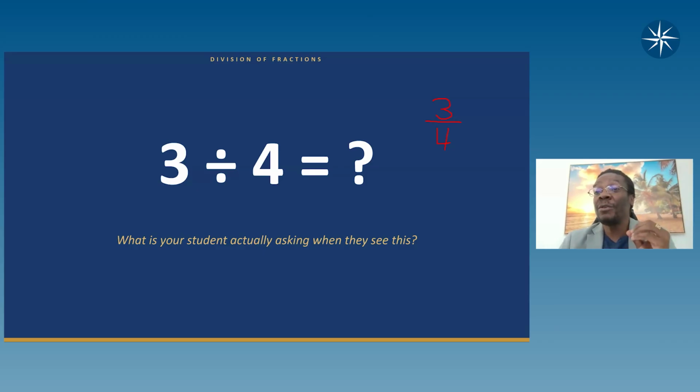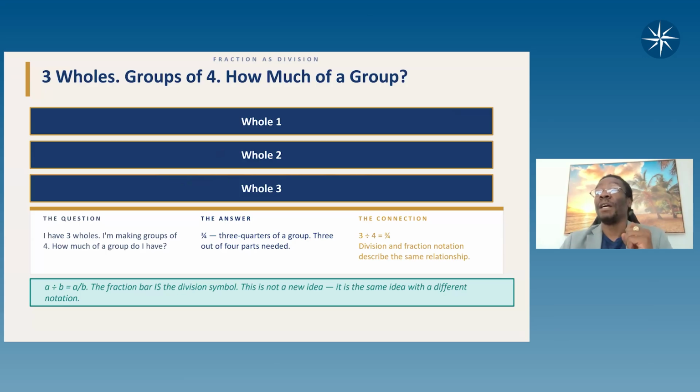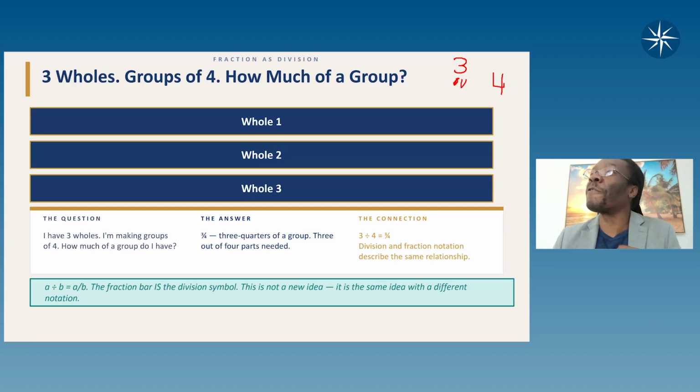The thing is, many students don't see it this way. I have 3 whole things, and I'm asking how many groups of 4 can I make, right? How many parts of that group do I have, basically? So if I am making groups of 4, and I have only 3 parts, I can say that I have 3 out of 4. 3 out of the 4 parts.